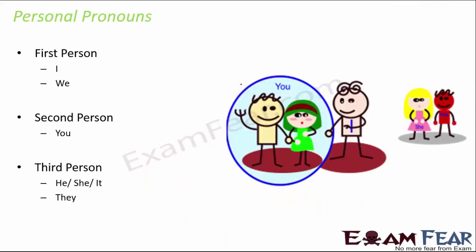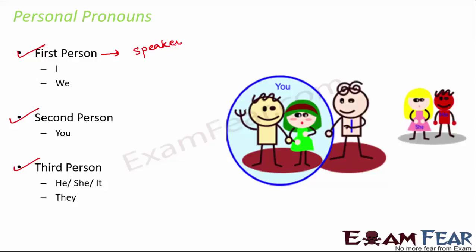Okay. Now, when we talk about personal pronouns, there are three personal pronouns: first person, second person, and third person. Now, when we talk about first person, it always denotes the speaker. What do we mean by that? Let's say if I say that I am going to the market.